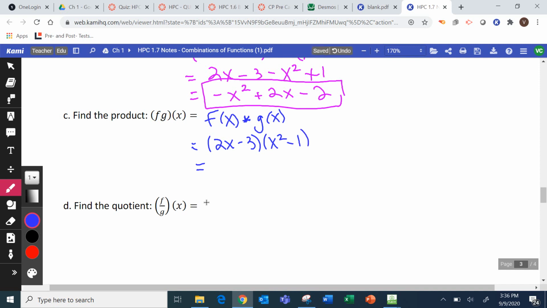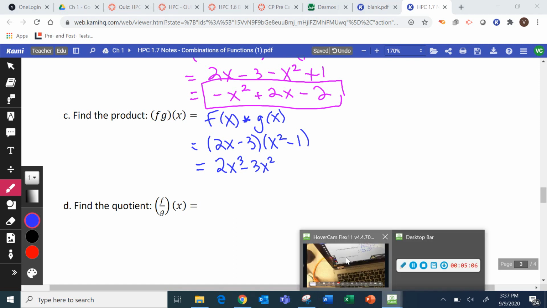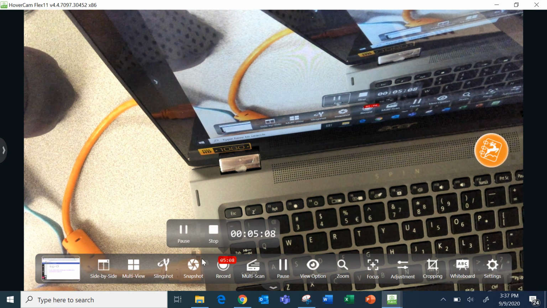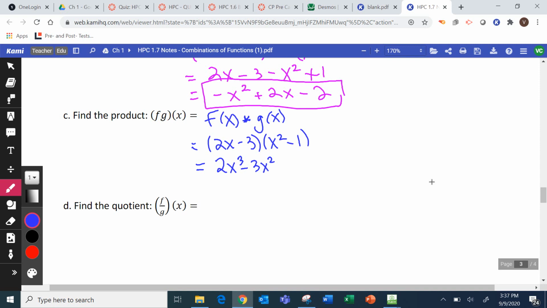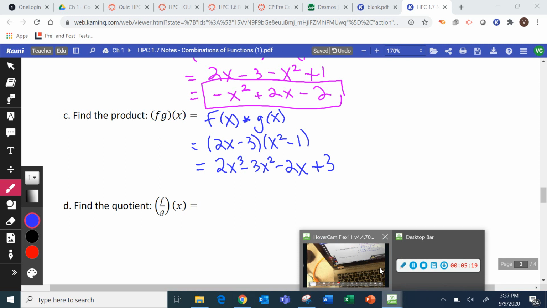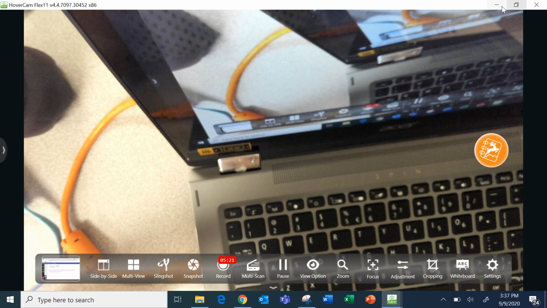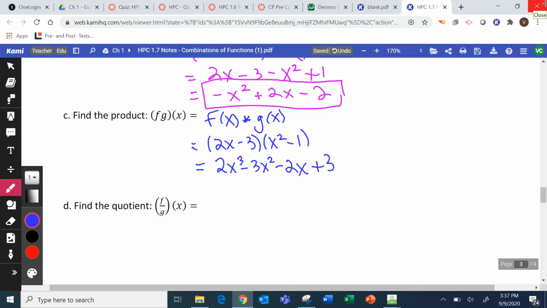So we're going to distribute, and we'll get 2x cubed minus 3x squared, and then we have plus 3. Make sure I hit record. Yep, okay. So fg of x is that product right there.